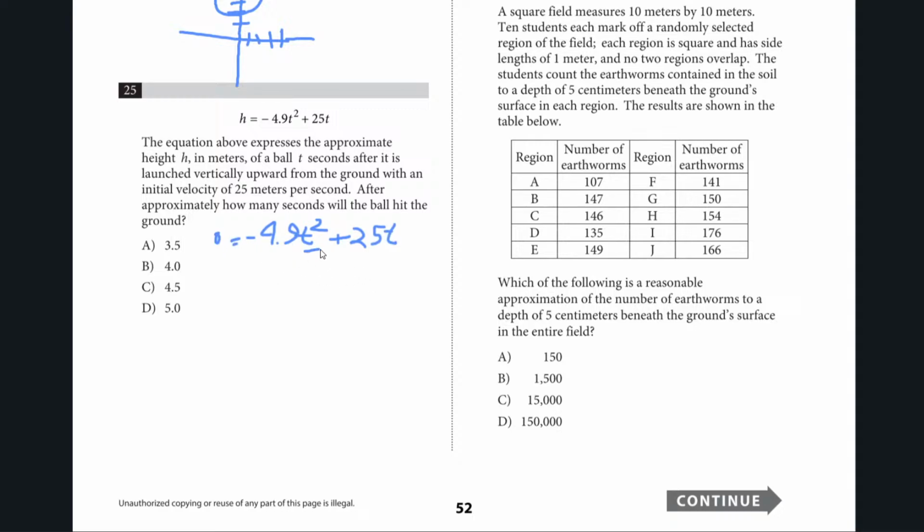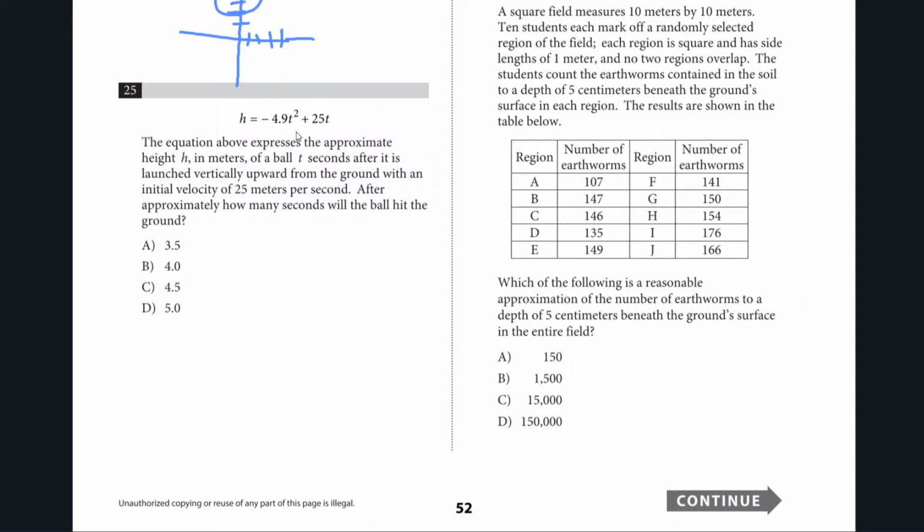So we can pull out a t, factor it out, and we have t times negative 4.9 t, and then we need to divide 25 by 4.9. Well, no, let's take out, okay, that circle question threw me for a loop.